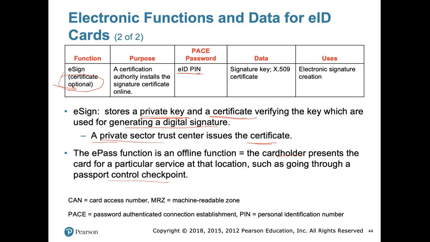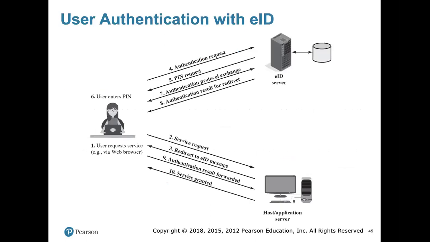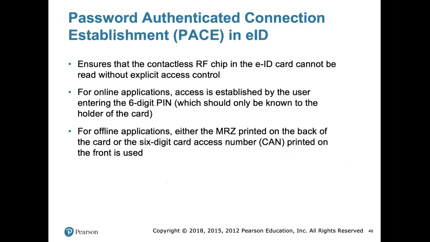But at the same time, to some level it might bring some sort of insecurity, because if someone steals my card, they can e-sign on behalf of me. So for that, the PIN will be asked. So this is the topic of the next slide. Let me just jump here.